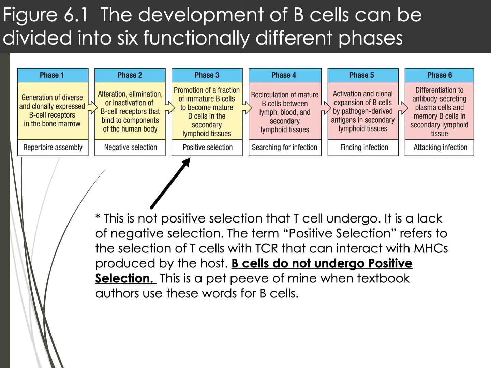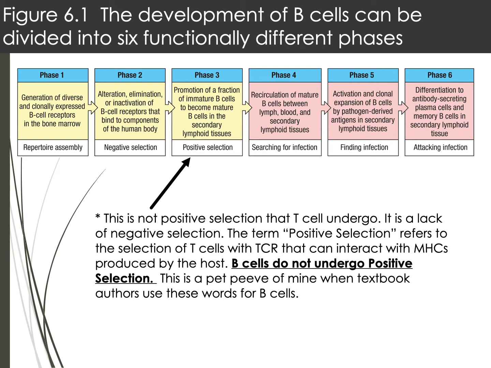This B cell has the potential to go out and interact in secondary lymphatic organs, also in the blood, with antigen, and we want to make sure that antigen isn't self. So initially when it goes to the secondary lymphatic organ, primarily spleen, it's going to go through another round of negative selection. If it passes that, then it would be considered a mature B cell.